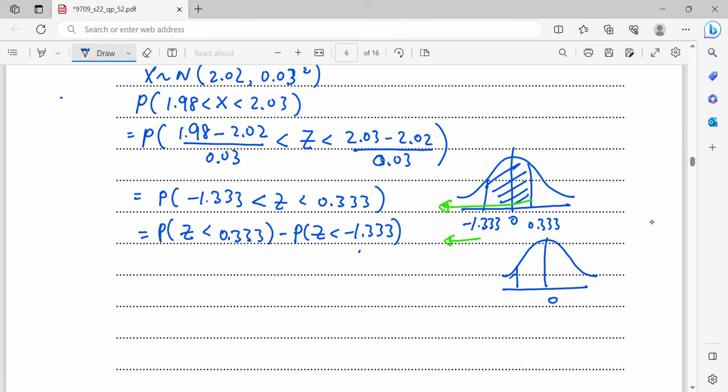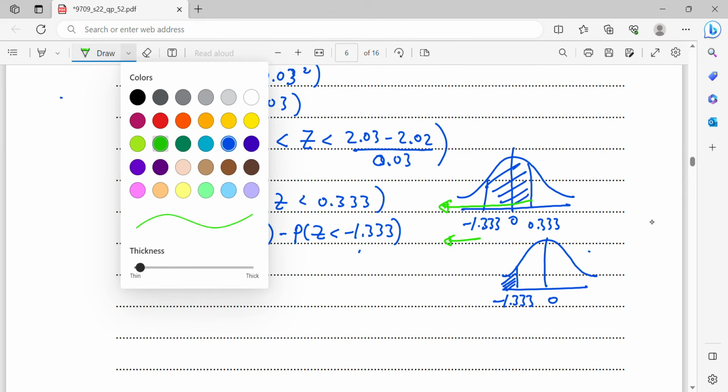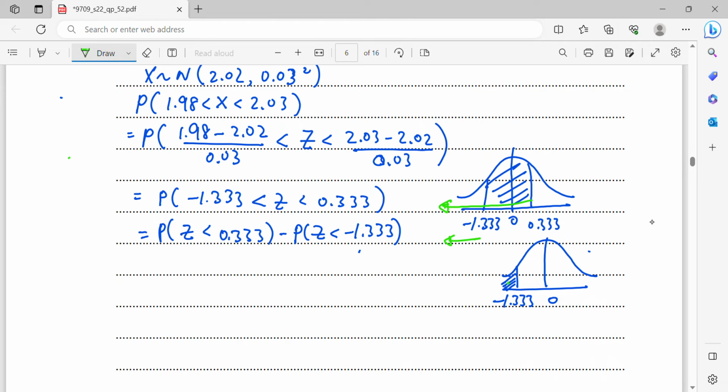Instead of getting this left hand region, I have to flip it to the right side, and then it will be 1.333, and the region becomes more than 1.333. In order to get more than 1.333, it will be 1, which is the total probability, minus P(Z less than 1.333), so that you can use the table to get these two values.